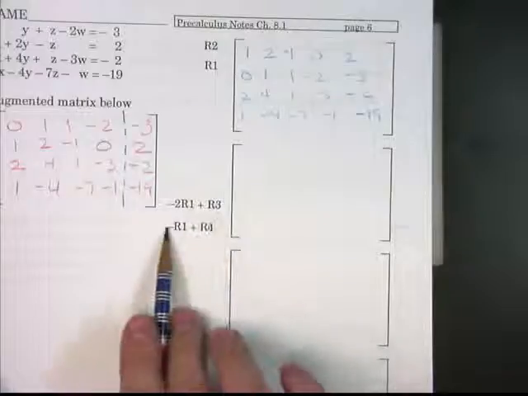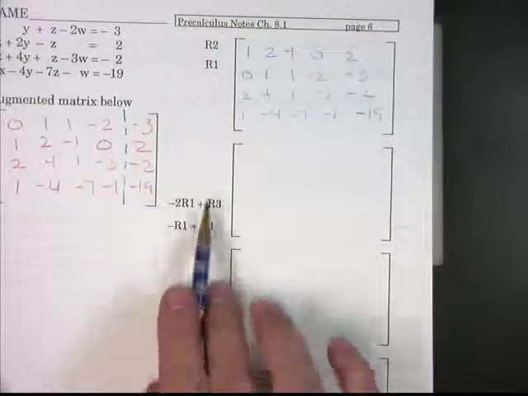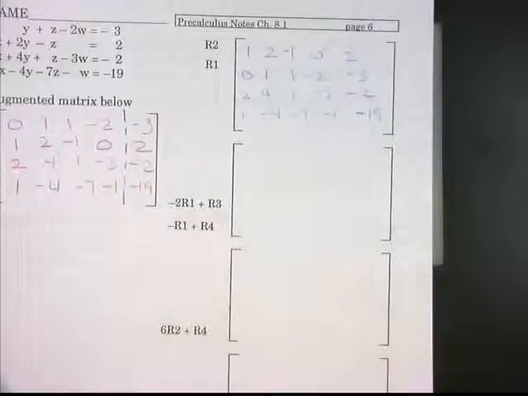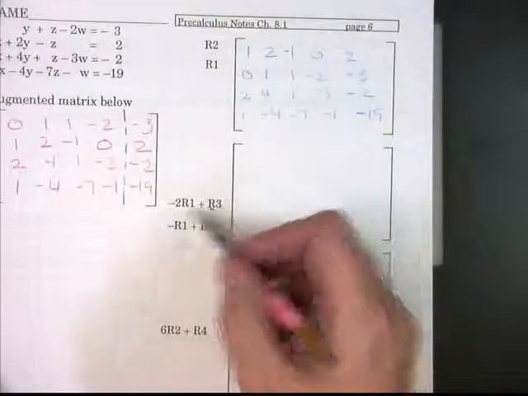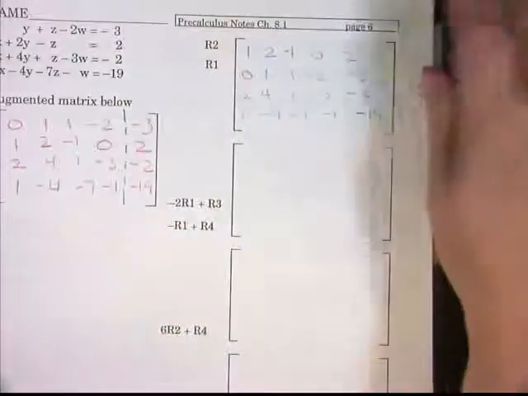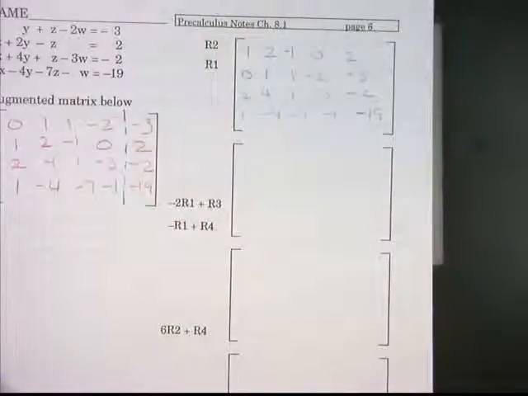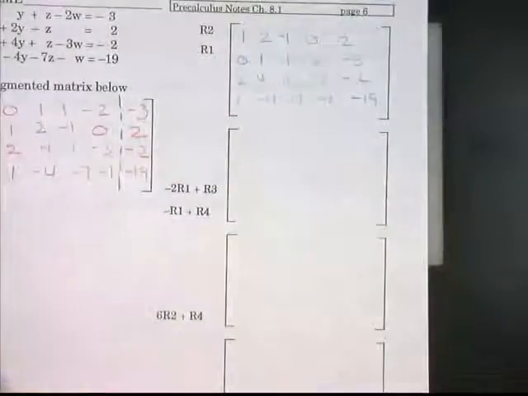And I'm going to take negative R1 and add it to row 4. So in both, again, to me, these would be 2 matrices. I only want you to do 1 rule per matrix. So for me, you should have -2 R1 plus R3 and have that result, and then you could do that result -R1 plus R4. However, we'll just stick within the confines of this printed worksheet.